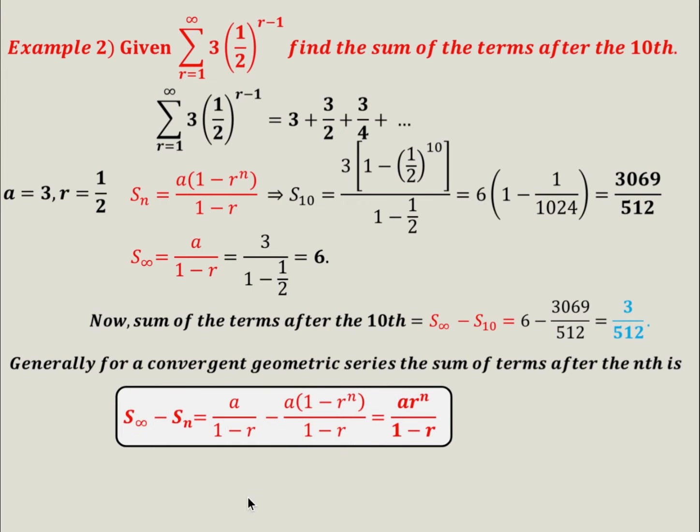So if we apply that formula directly to our problem, we would have that sum to infinity minus S10 equals ar to the 10 all over 1 minus r, which gives 3 into half to the 10th all over 1 minus half, giving 3 into half to the power 9, which gives again the result that we had up.